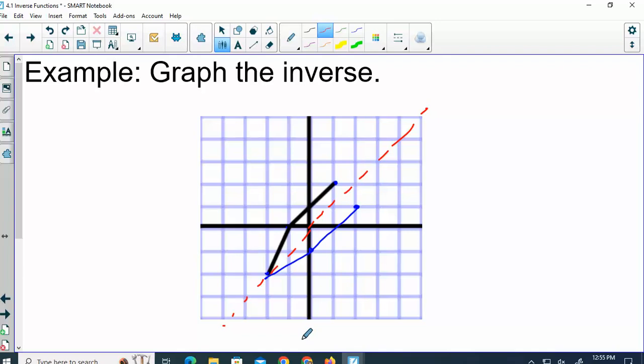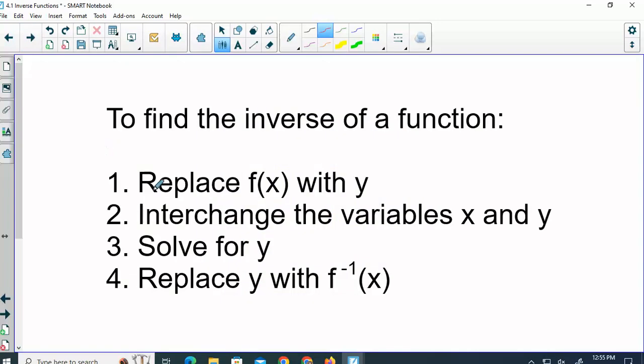The last thing that I want to work on is finding an inverse. So when we find an inverse, there's some very specific steps that we have to do. So first, we always need it to be written with an x and a y. So if it's in function notation, we'll change that f of x back into a y. Then a function flips the x and the y.